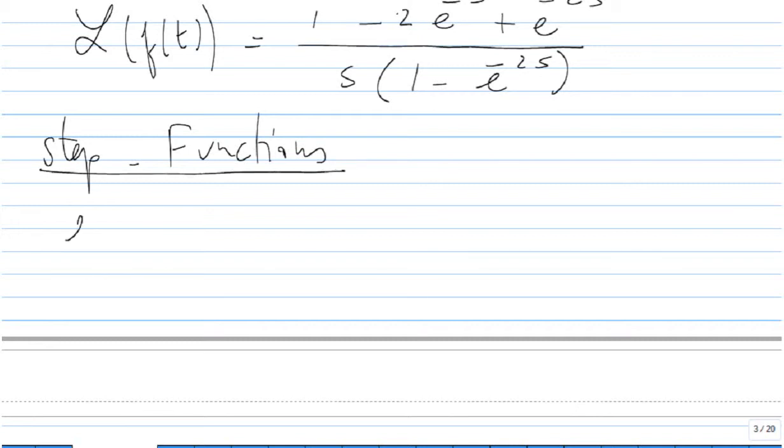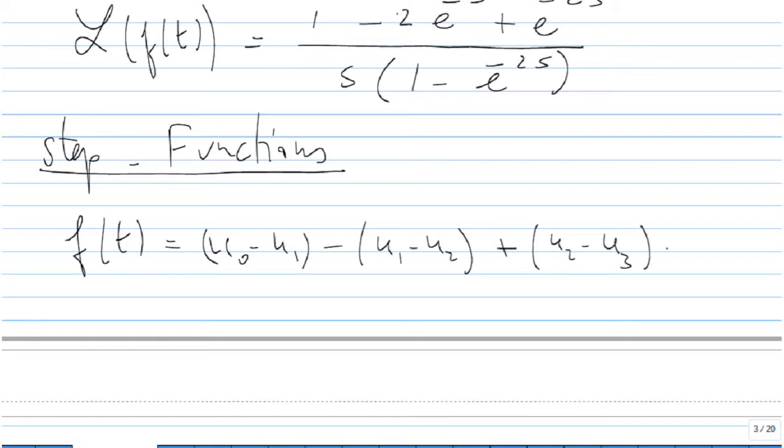We know that f of t using the Heaviside functions is going to be u0 minus u1 minus u1 minus u2. This describes the function between 0 and 2. And keep repeating this. The next one will be u2 minus u3 minus u3 minus u4, etc.